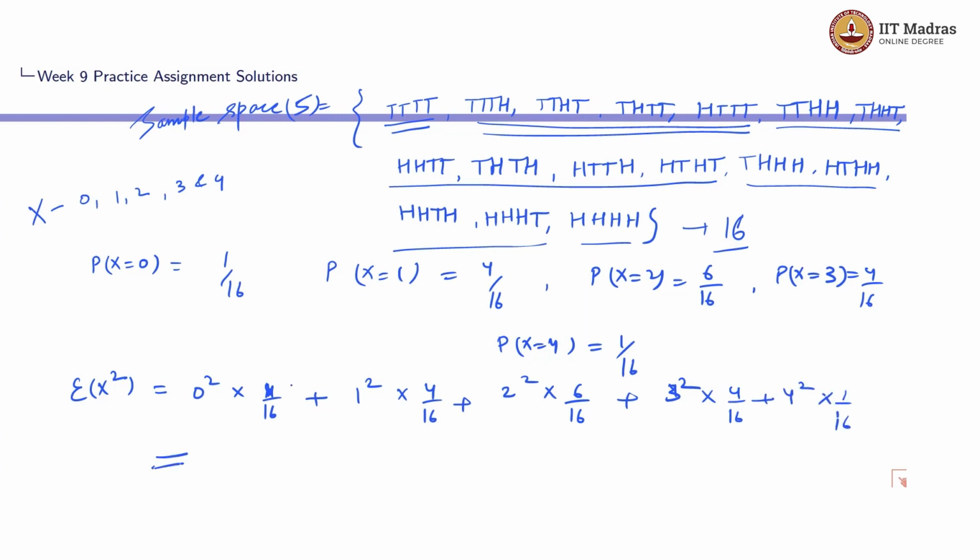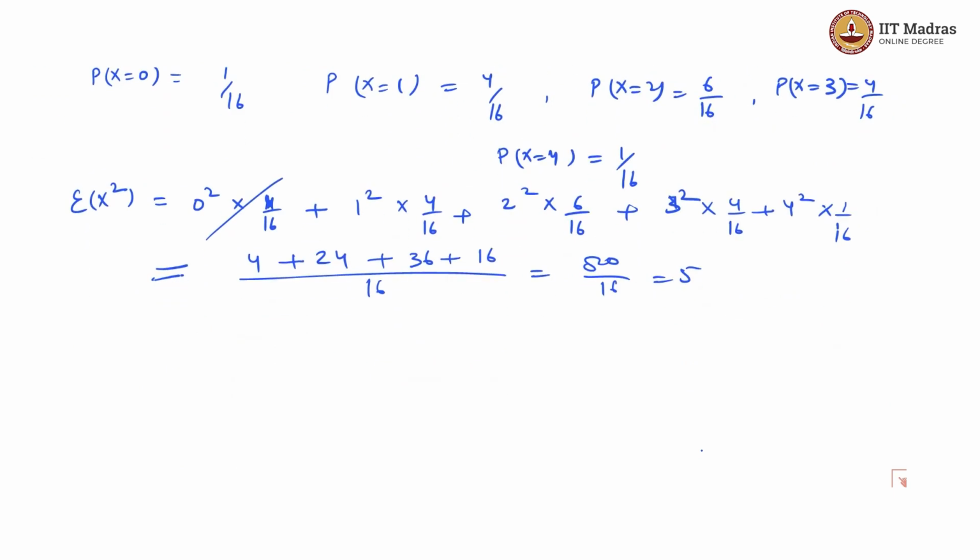It is multiplied by 0, so this will vanish. So 1 into 4, 4, plus 4 into 6, that is 24, plus 9 into 4, 36, plus 4 square, 16, upon 16, which is 80 by 16. So this is 5.